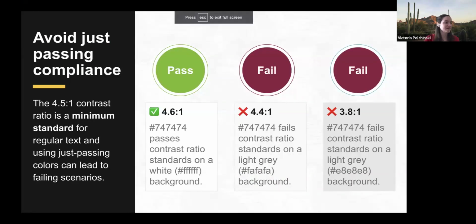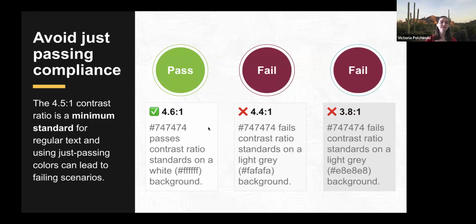Okay, like I was mentioning before, the 4.5 to 1 contrast ratio is a minimum standard for regular text, and using just passing colors can lead to failing scenarios. This is probably more true if you're a designer and you're constantly making slight modifications to the colors of the text and the backgrounds that you're using.